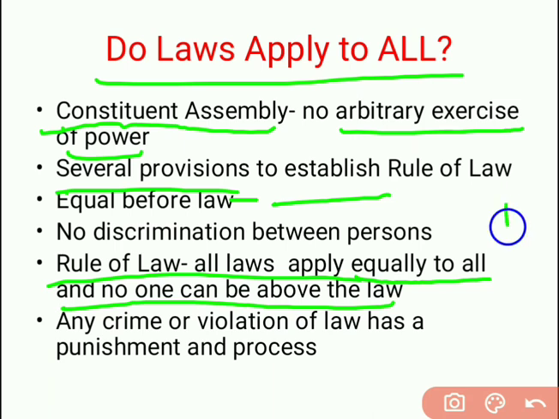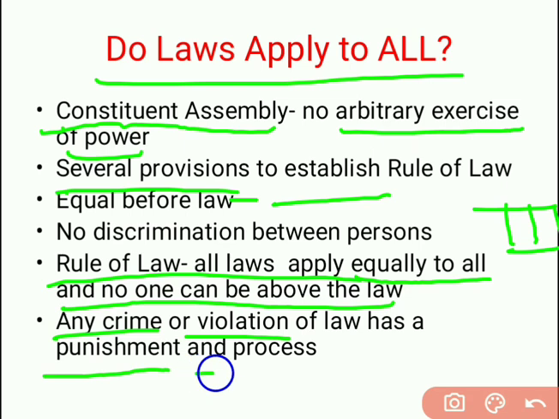So of course all people are equal before the law. The most important point is that all persons in independent India are equal before the law, and any violation of the law by a person would get a certain punishment, and he has to go through a certain process, that is a trial.